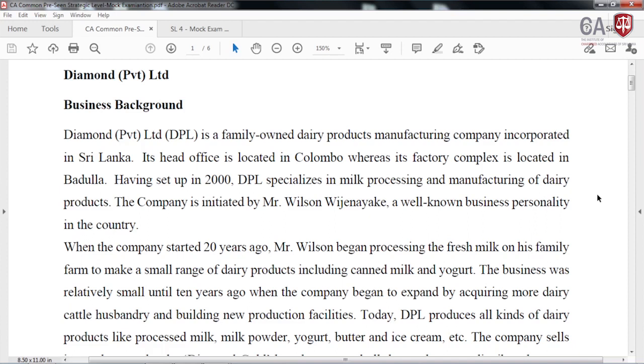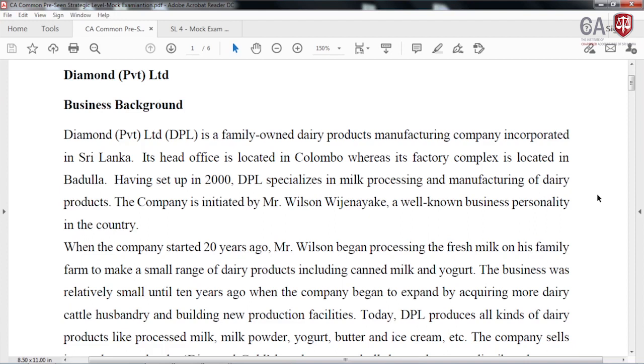If you look at small businessmen in dairy products, yogurt is very common. People start with a yogurt manufacturing business. The business was relatively small until 10 years ago, when the company began to expand by acquiring more dairy cattle husbandry and building new production facilities.